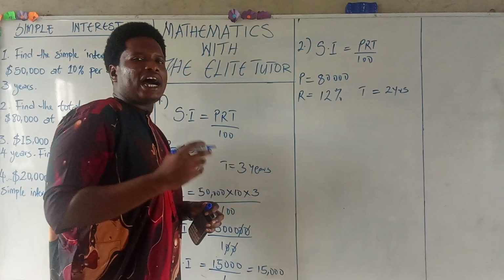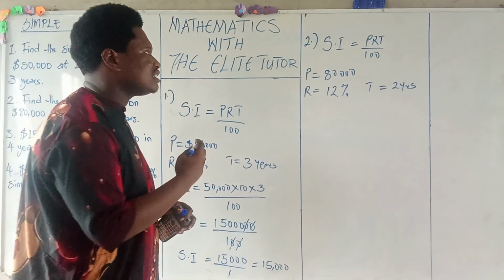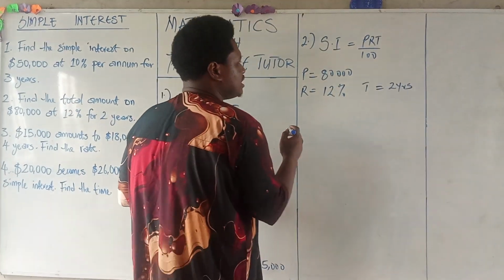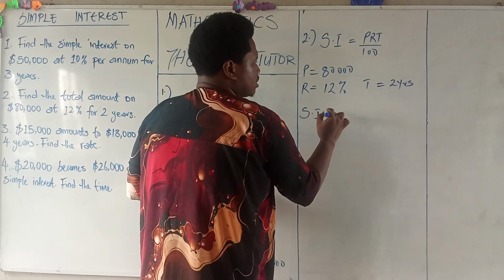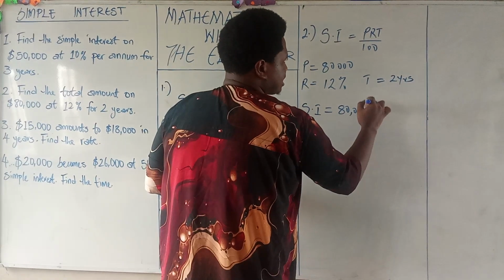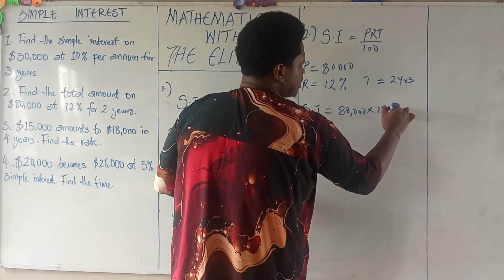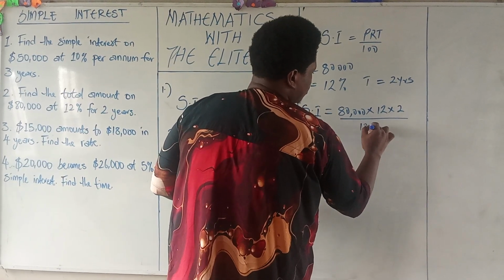Based on the formula, SI is equal to principal $80,000 times my rate 12 times my time 2, divided by 100.